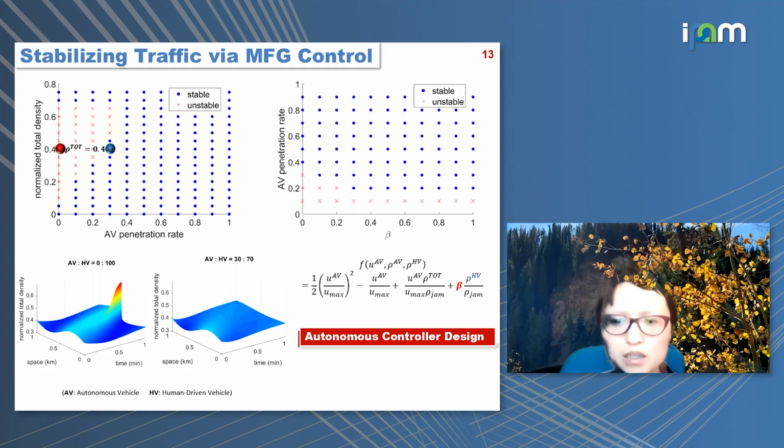Yeah, exactly. Okay, great. Thank you. Yeah, thank you for pinpointing that. One thing we want to consider, if we use a multi-class model in the future to model AV-HV interaction, is how we can model this kind of overtaking or non-overtaking behavior. I think that's one direction to go.